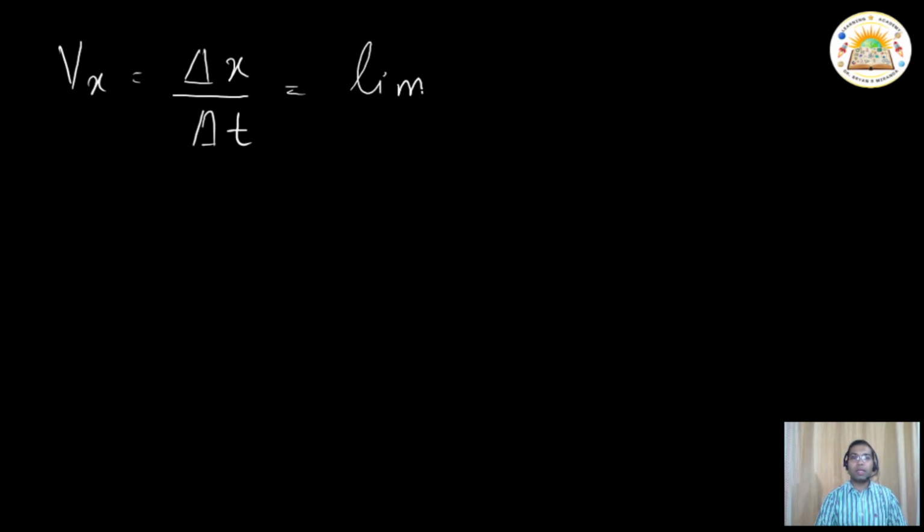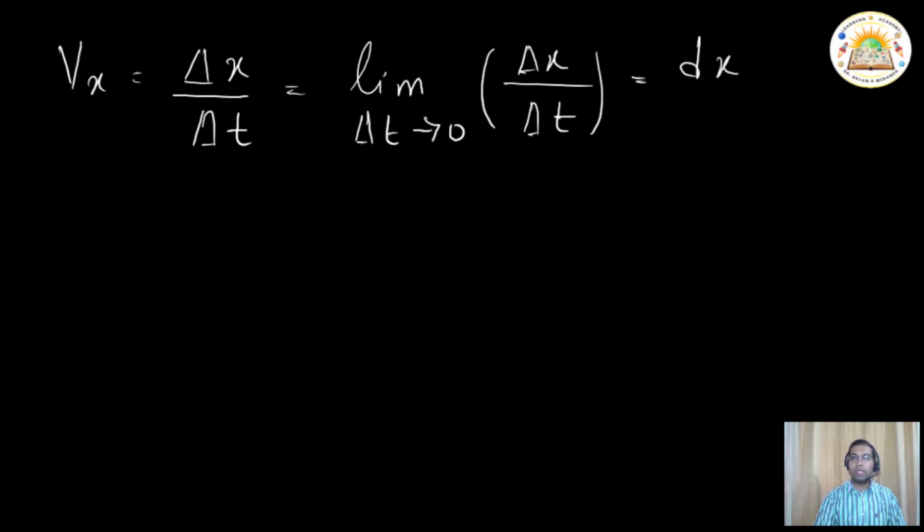We will apply a limit such that delta t becomes small. Now the understanding of it physically is we want to cover the given distance in a very short amount of time. So that is why delta t tends to 0. Mathematically, when we do this, we get the expression dx by dt.